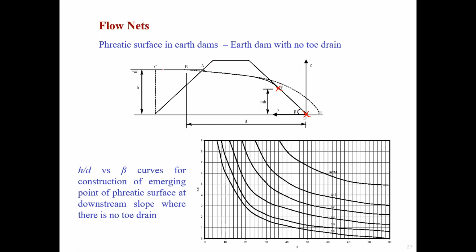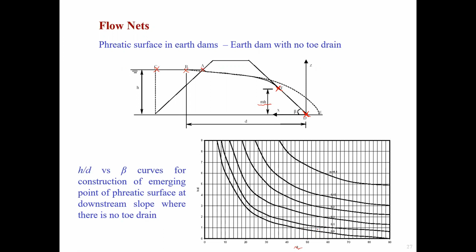All the other points will be the same as before. We know the point C, we know the point A, and point B, from that relationship. So we know the point B. The only difference from the previous case is we need to find the vertical distance MH, and this M we are able to take from this figure.